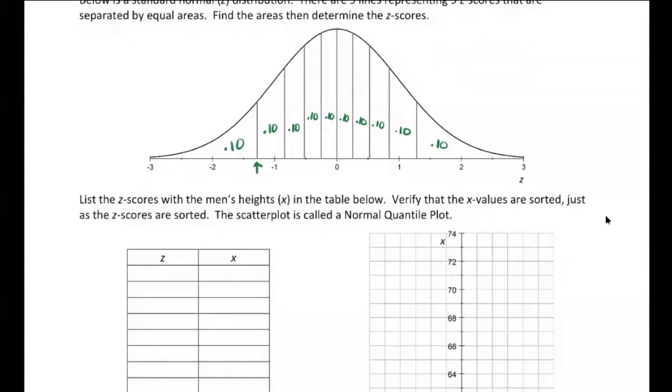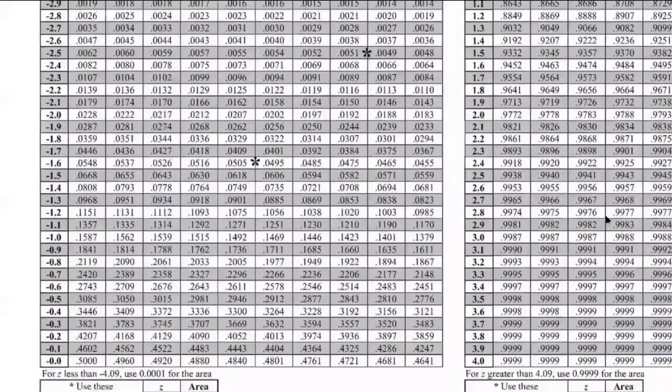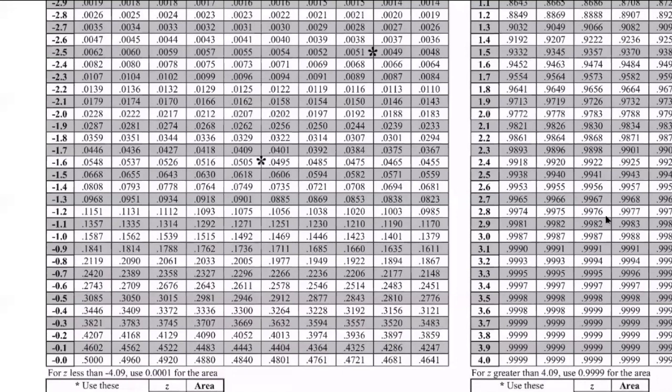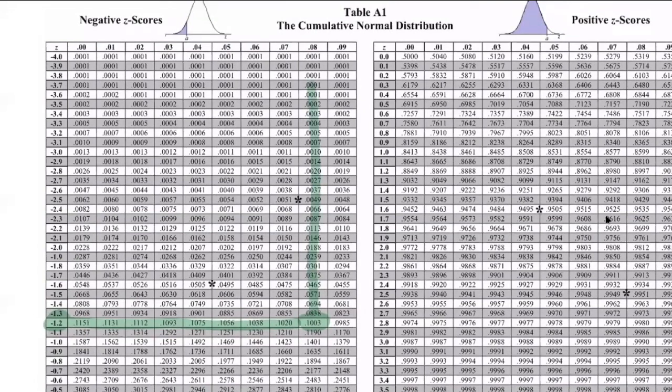So I'm looking for an area of 0.10 on here. I'm getting close, and I don't know if you're seeing what I'm seeing, but I found a 0.1003, and that ain't bad. Look at that. Negative 1.28.